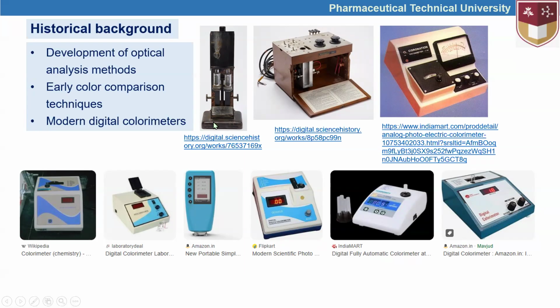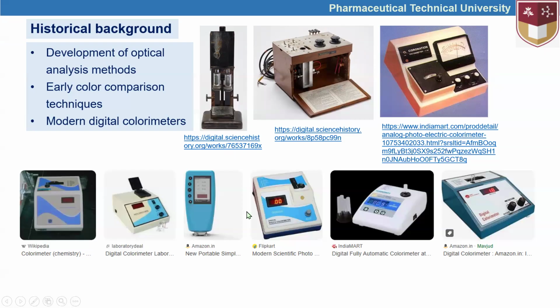These are these simple first tools that gave the development to further trials of colorimeters, and further they started to be used by using electricity, and the next generations developed looks like this, that used this kind of mechanical tools that could show us the level of absorbance.